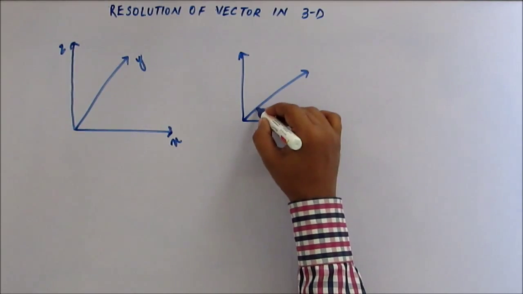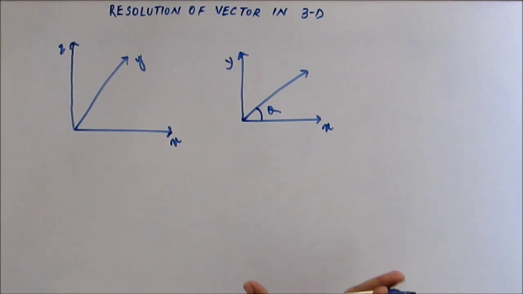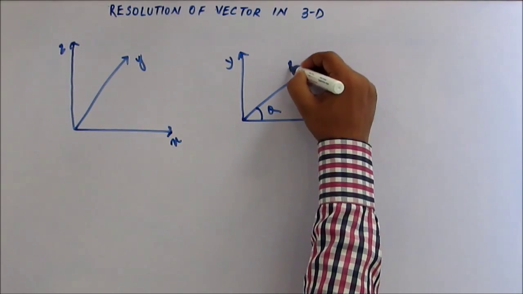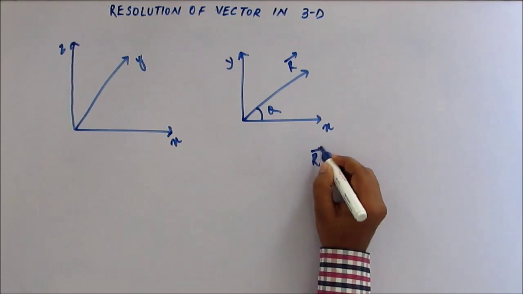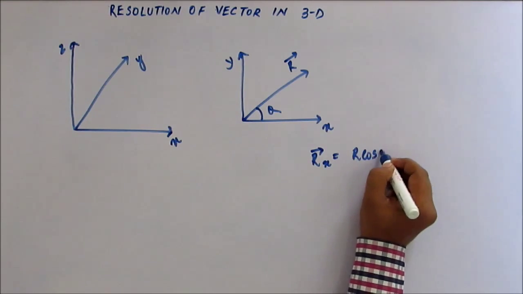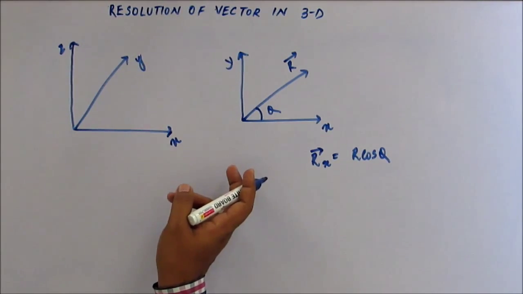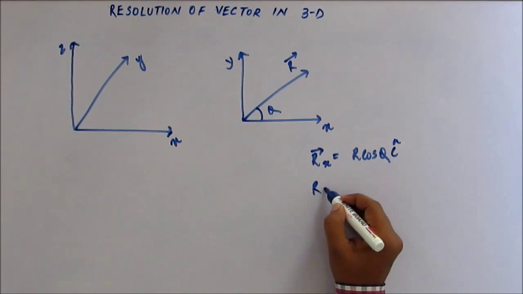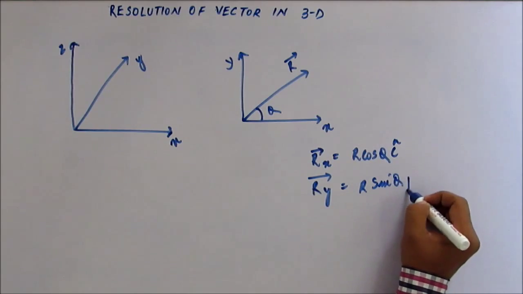In two-dimension, when we were looking at the resolution of a vector, if we had a vector, let me call it R, which made an angle theta with x-axis, the X component of R vector is R cos theta, and the component along y-axis, Ry vector, was R sin theta j cap.